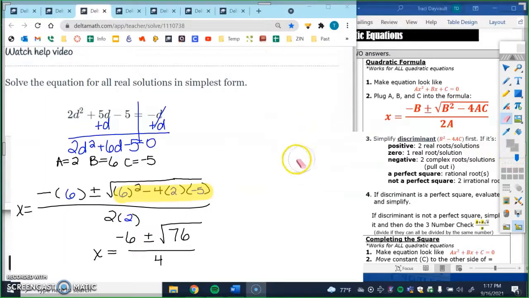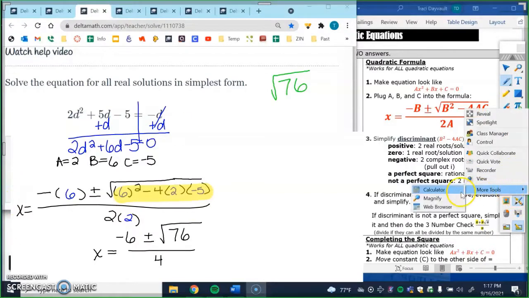So next we see if we can simplify the square root of 76. We talked about this a couple lessons ago. In order to simplify the square root of 76, we want to look to see if there are any perfect squares that go into 76.